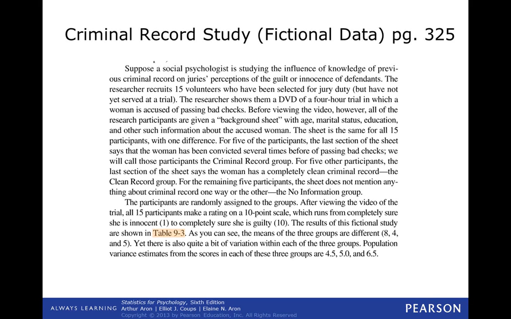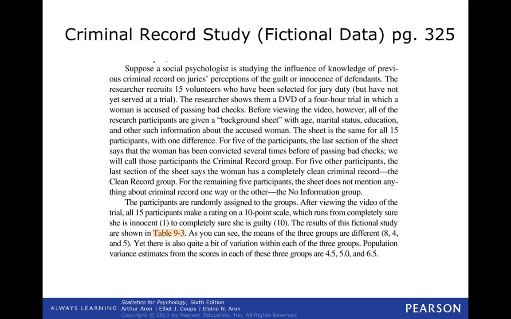For 5 of the participants, the last section of the sheet says that the woman has been convicted several times before of passing bad checks. We will call those participants the criminal record group. For 5 other participants, the last section of the sheet says the woman has a completely clean criminal record.